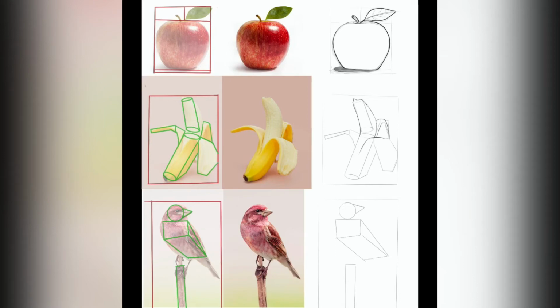So make sure you keep in mind the placement of the object and also the negative and the positive space while you draw. Also keep in mind that if you're having difficulty in replicating, make sure you give yourself time and consistent practice.